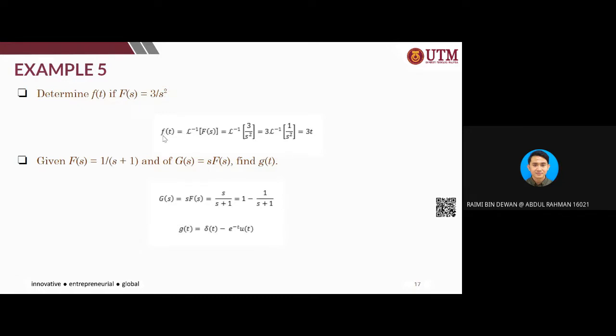So again, you see here f(t) is the inverse Laplace of F(s), L negative 1, and you have 3 over s squared. Then 3 you can put outside because it's just a constant, and L negative 1 of 1 over s squared gives you t, and you get 3t.